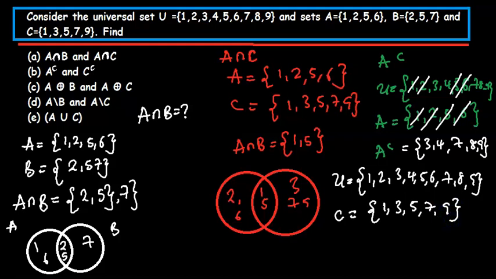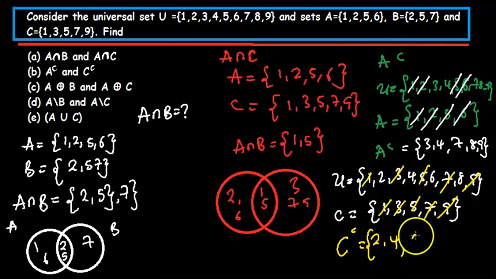In this case, let's get rid of the common elements here. 1 will go with 1, 3 will go with 3, 5 will go with 5, 7 will go with 7, 9 will go with 9. So therefore, C complement is going to be left with 2, 4, 6, 8.